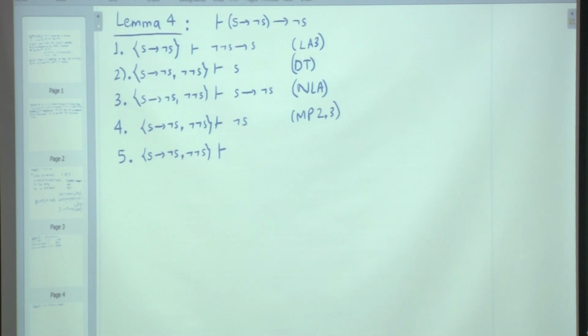And monotonicity. S implies negation S implies, and here we have a chance to introduce whatever we want, because S implies negation S implies T, where T is arbitrary. So this is our chance, and we are going to introduce negation S implies S, by lemma 2 and monotonicity.